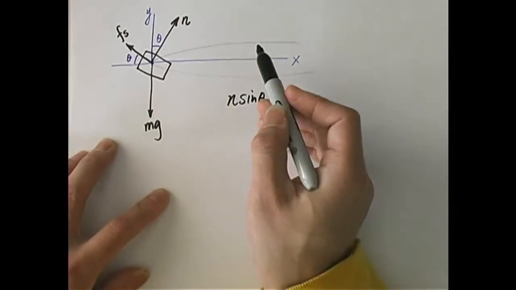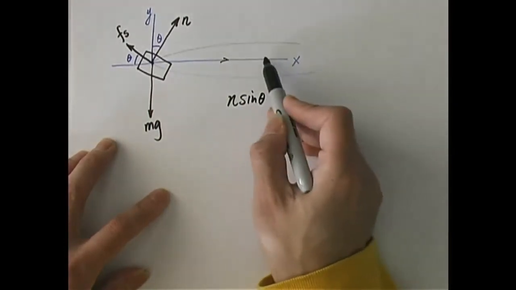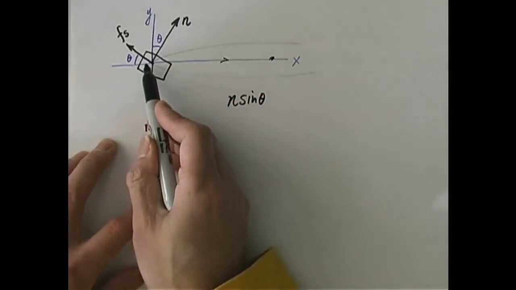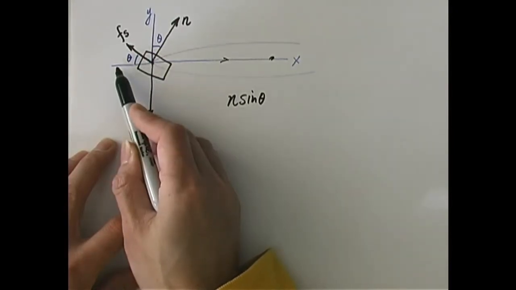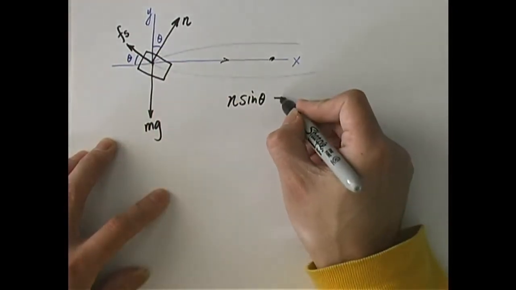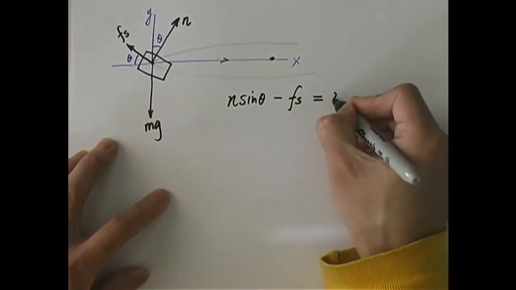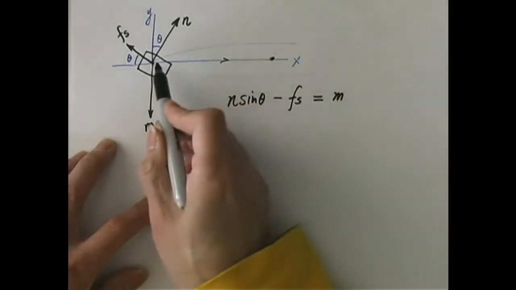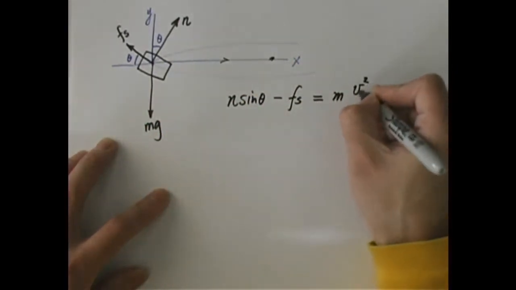That's inward. It points this way, which means pointing toward the center of the circle. The center of the circle is somewhere here, right? So I consider this positive. Fs has a horizontal component that goes outward, which means it's negative. So minus Fs. What does that equal to? That equals mass times centripetal acceleration, okay? Because, you know, the net force points toward the center of the circle. That is needed to do a circular motion, so it's mv squared over r.